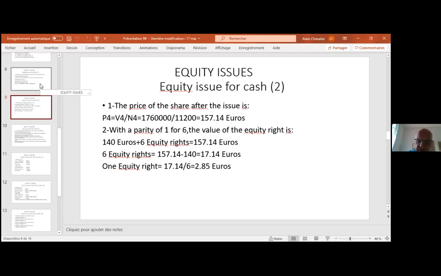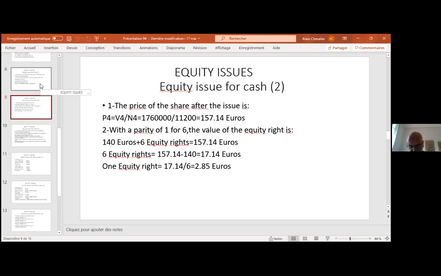But you also need to bring, at the same time, equity rights, taking into account the priority. I mean, if you want to get a new share, you have to put on the table 140 euros cash plus 6 equity rights.